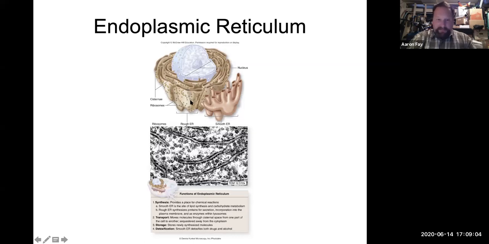The rough ones simply have ribosomes here. You may remember that the nucleus contains the genetic material, and the genetic material is going to code for the various proteins the cells are going to make. So it kind of makes sense that inside the nucleus, where you store the information, right next to it are going to be the protein factories for producing protein.